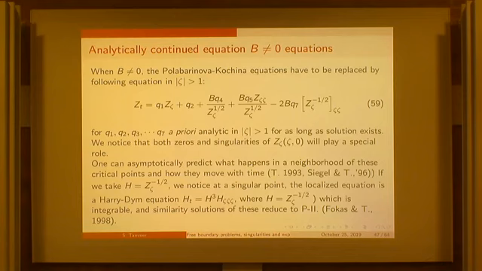And then when you do this kind of matching, you balance this term and go into a advected frame to take into account the advection by Q1, and you end up getting a Harry-Dym equation, which is completely integrable. But this is only an approximation, locally near a singularity. And the similarity solutions of this Harry-Dym equation can be transformed into Painlevé P2, and you can look at what happens.